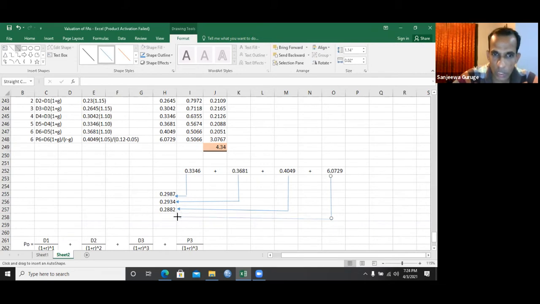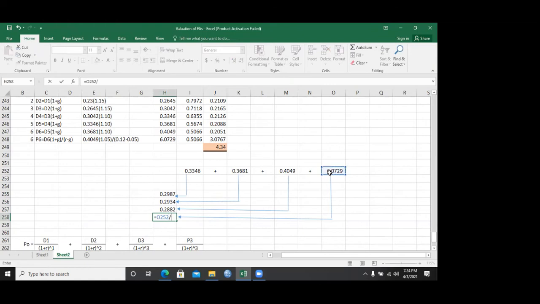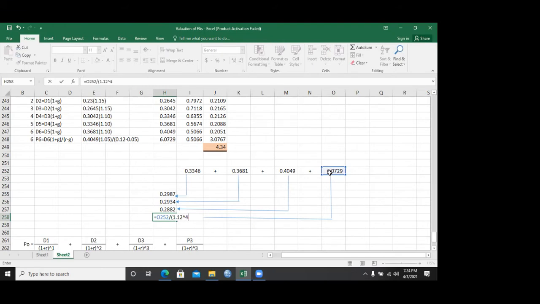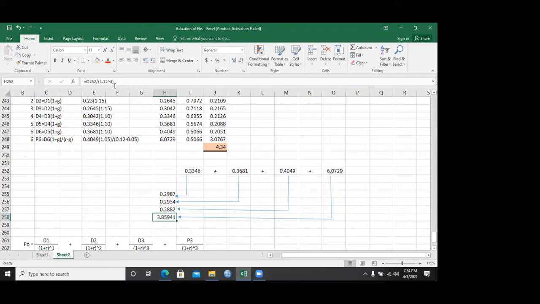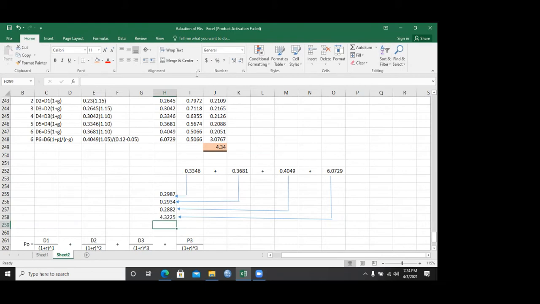Discounting for 3 years, it is 4.3225. And when you add these 4 values, that is P3.